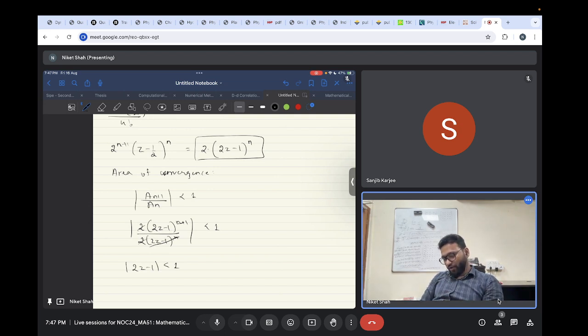Then if I open this mod 2z minus 1, if this is a positive number, 2z minus 1 is less than 1.